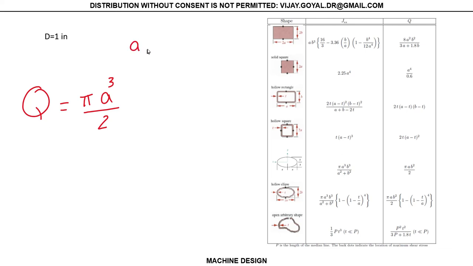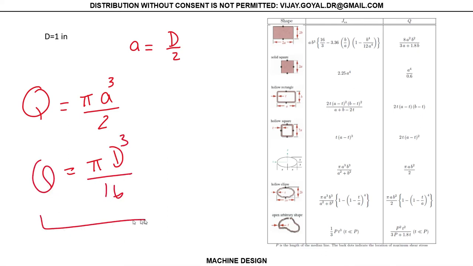So actually, you have to take this and say this is the same as d over 2. So you replace with d over 2, and you can show that this gives you d cubed over 16. This is another number that's very handy to memorize in the design of shafts. And that gives me a value of 0.1635. So I got these values. Now we can move on to do our calculations.